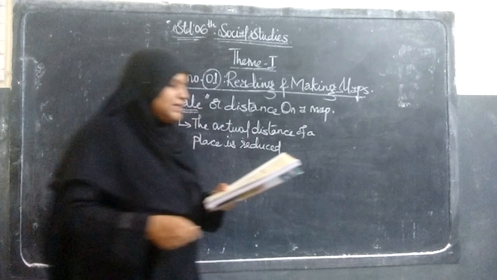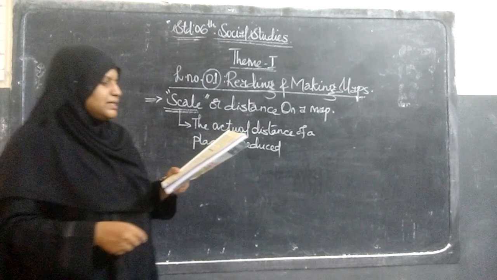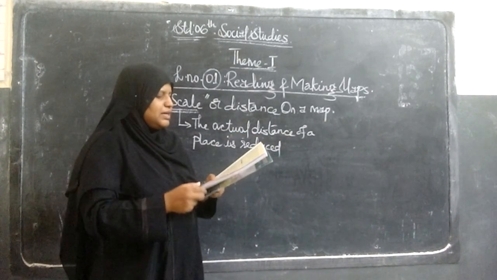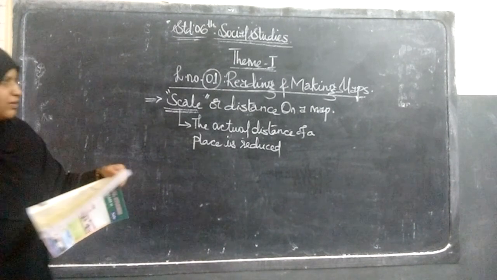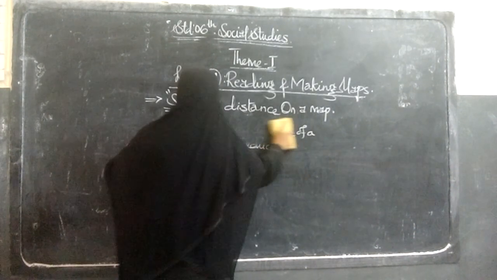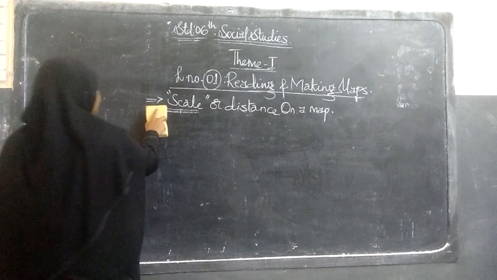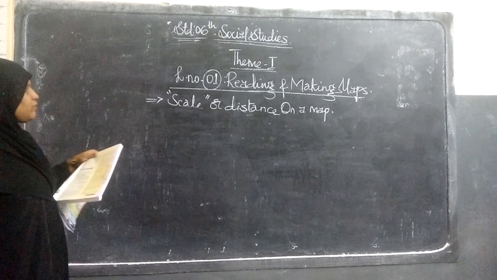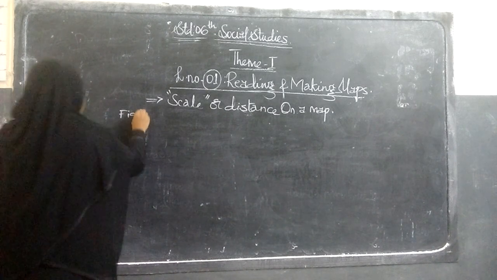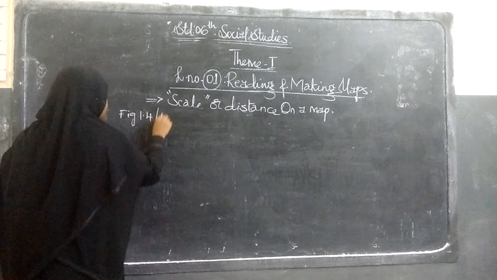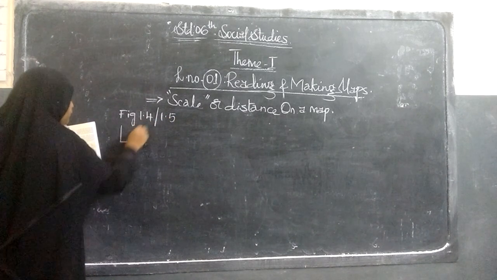Measure the total distance in Laila's sketch map from lamp post 1 to lamp post 6. The actual distance between the two lamps is 100 meters. So I am just going to have a look at figure 1.4 and also figure 1.5. Okay, here is figure 1.4.